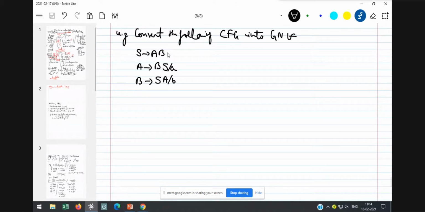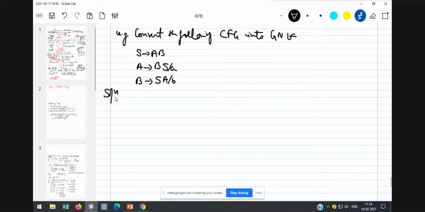You need not check like that. But if it is written like convert the following CFG into GNF, then definitely you need to check all those processes which I've already mentioned. But right now, this example is CNF, so no need to check for those reductions and converting to CNF, because it's already in CNF.